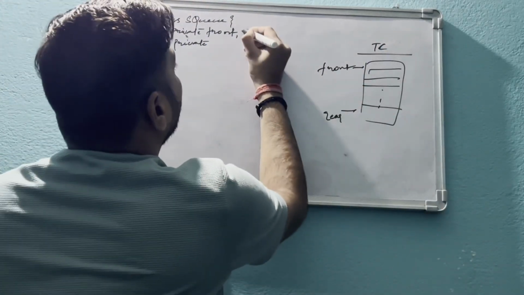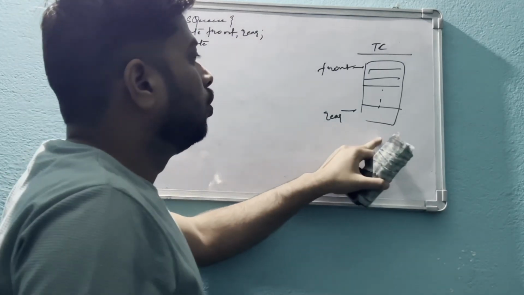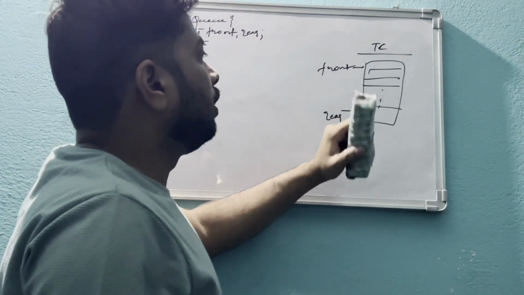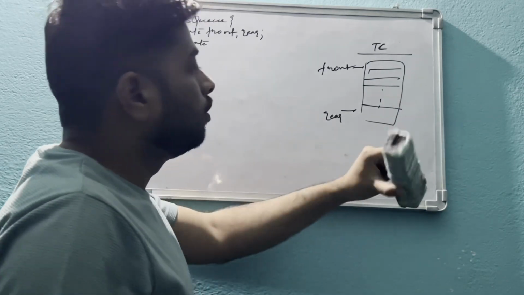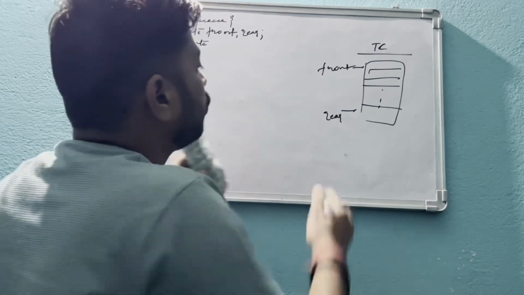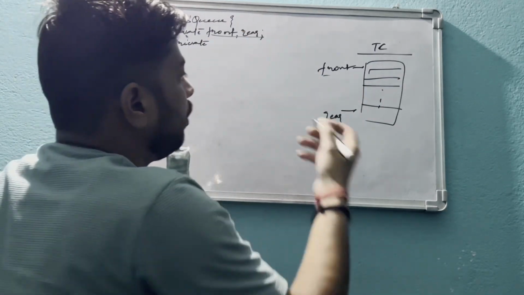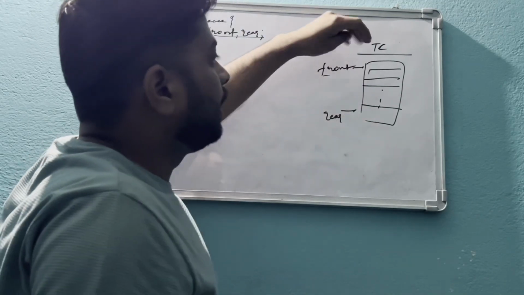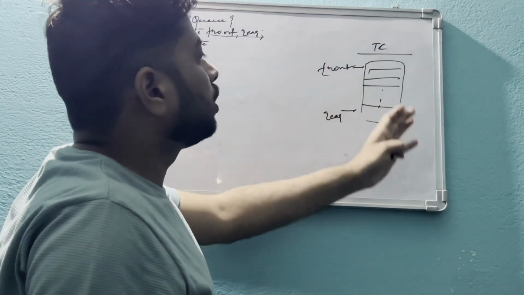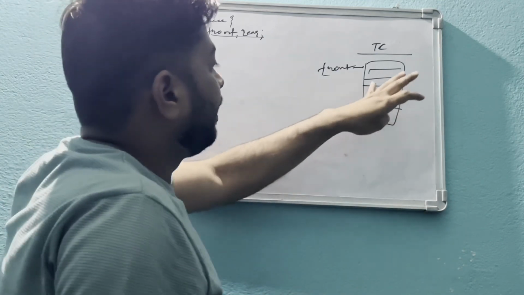So we have front and rear as 2 pointers to the queue, through which we are going to insert new elements or new persons into the queue, or pop out from the front of it. So these are the 2 pointers. And we again need an array to maintain who is entering the queue or getting out of the queue. So we need to maintain this array as well.